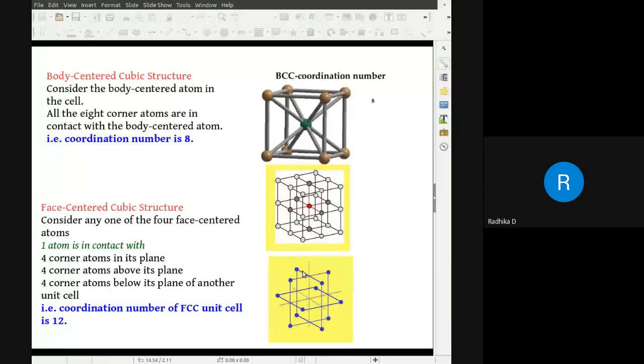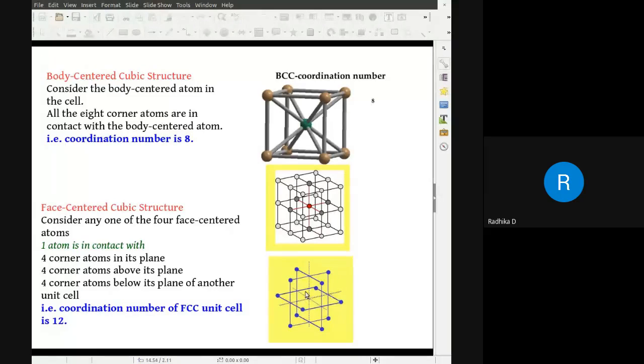I take another paper, there are 4 on the top. I have one paper at the center, one paper on the top, one paper at the bottom. Just imagine it that way. I am saying paper just for you to imagine. Actually, it is a plane, not a crystal plane in which the atoms exist.